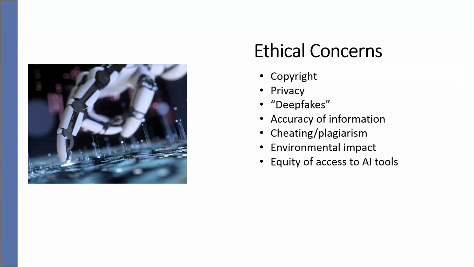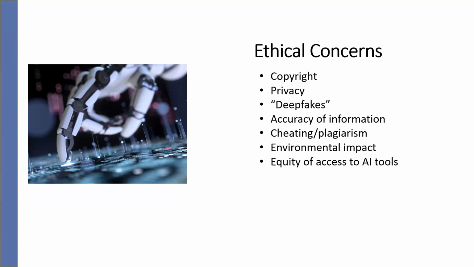So what are some of the ethical concerns about AI? A big one that is still in discussion is copyright, both in terms of whether a creator who uses AI in their work can copyright that work, and also the use of copyrighted works in training AI models.